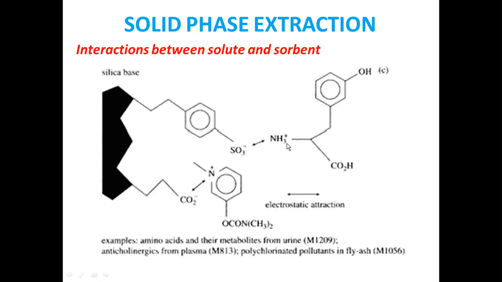The force of attraction between this primary amine and the sulfonate is greater than that between this tertiary amine and the carboxylic acid, because sulfonic acid is more strongly acidic than carboxylic acid. So electrostatic attraction takes place between the protonated primary nitrogen ion and the sulfonate anion group, and between the protonated nitrogen of the pyridine group and the carboxylic acid.